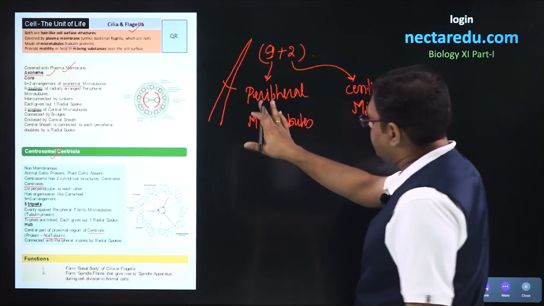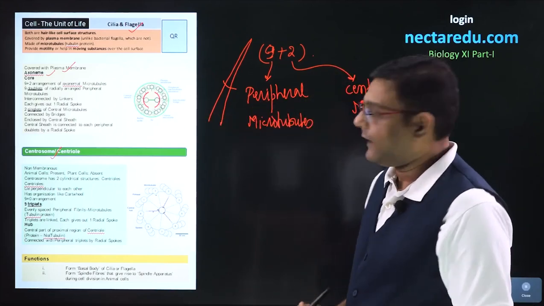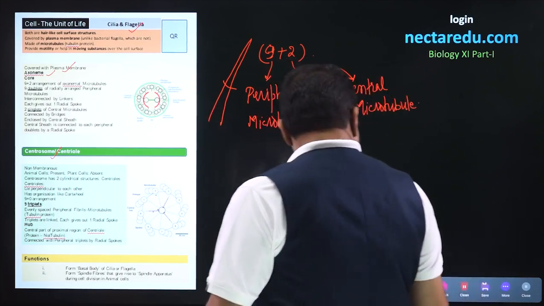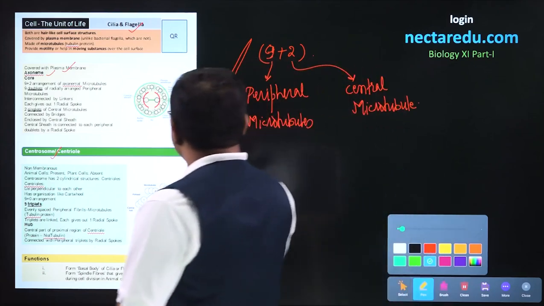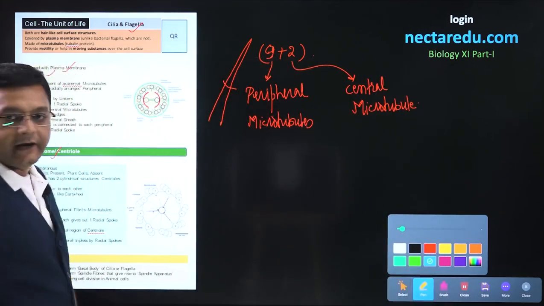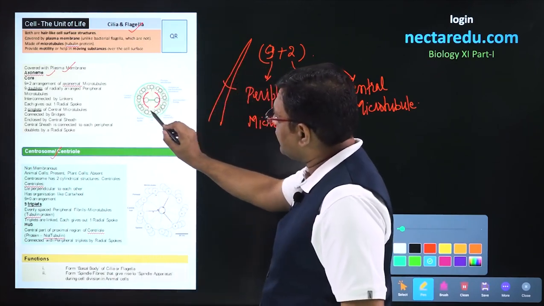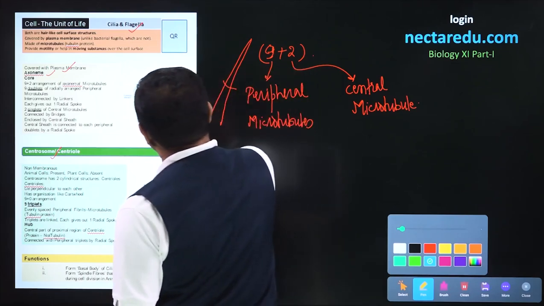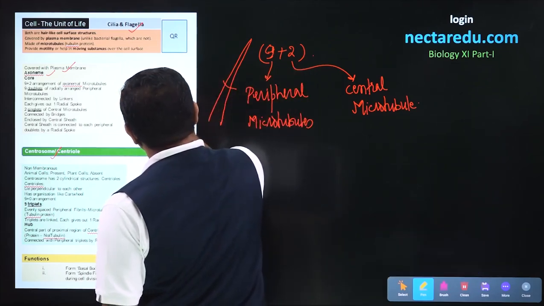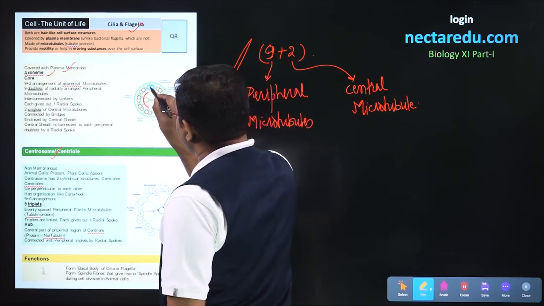Let us see this peripheral microtubule and central microtubule in this particular diagram. In this diagram, we can see bluish structures. These bluish structures are the peripheral microtubules. Now, these peripheral microtubules are present as doublets. This is the first one and it is in the form of doublet.